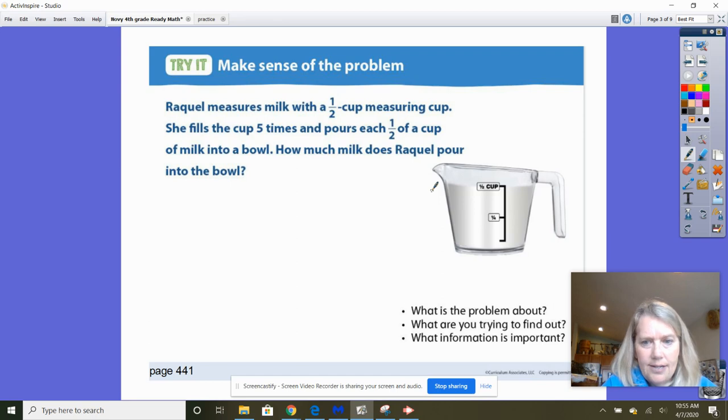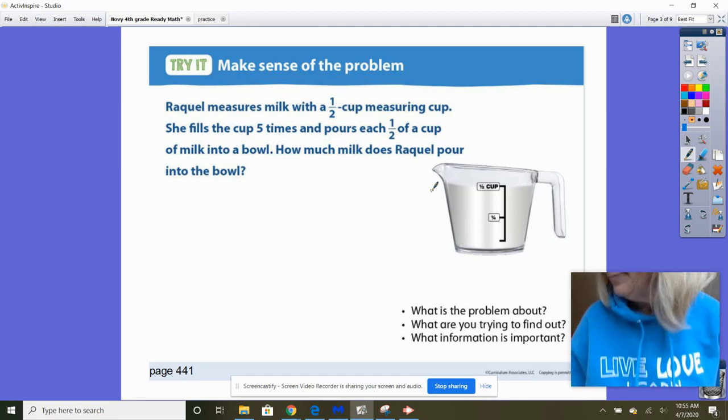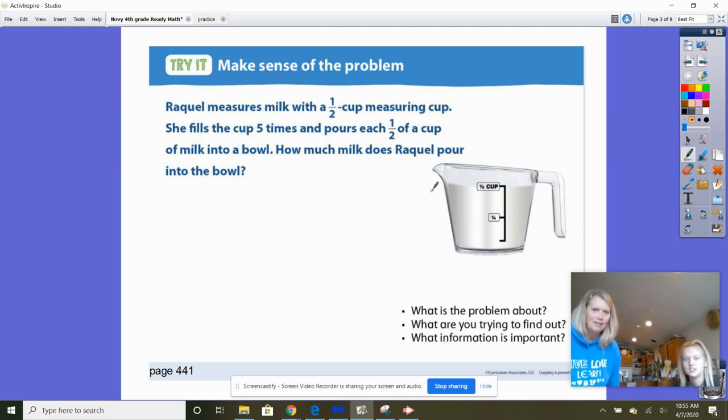Okay, second read will be by Maggie. Maggie, are you available? So Maggie's going to come over and read the problem. In the second read, you're going to ask yourself, what are you trying to find out? Come on over, Maggie. Can you read that problem? Yeah. Raquel measures milk with a 1/2 cup measuring cup.